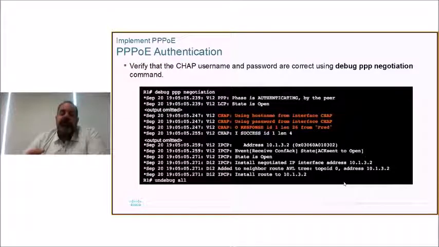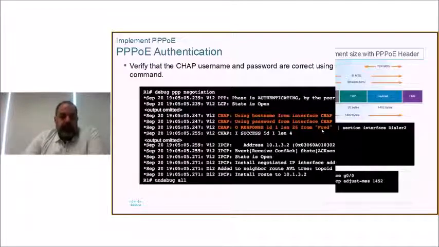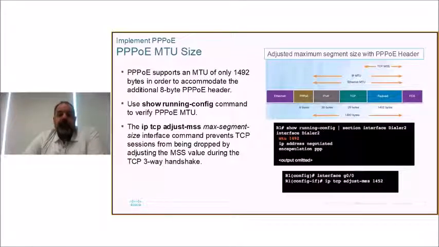Authentication, of course, is very similar to what we did last week with PPP CHAP, and so again we can see that we sent the username Fred apparently, and we had CHAP success. And so, of course, PPPoE supports an MTU of only 1492 in order to allow for that extra 8-byte PPP header.